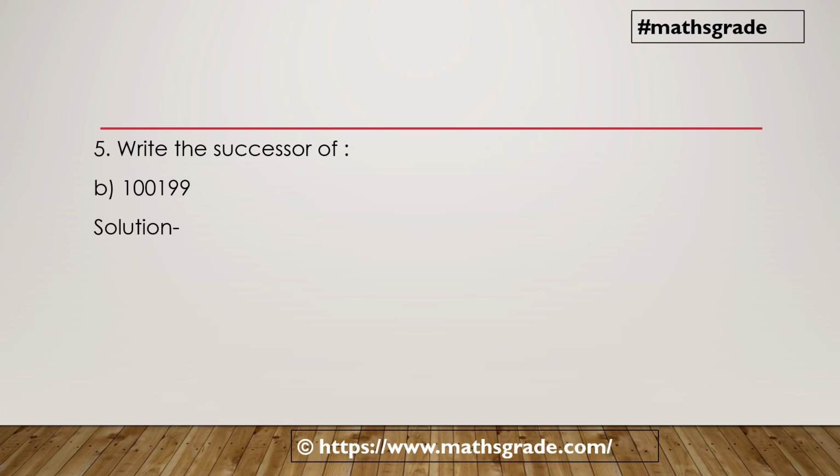Now part B. Write the successor of 1,199,000. Successor is the next number, so we add 1 to this number.